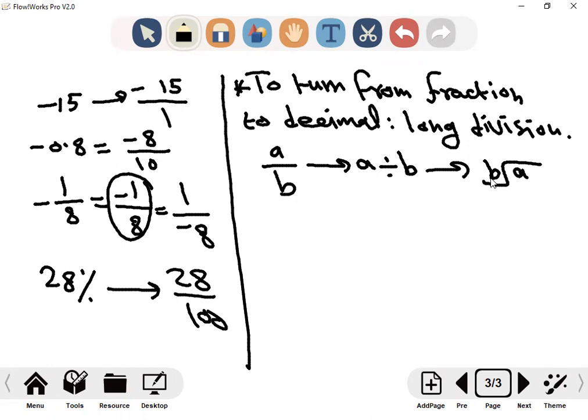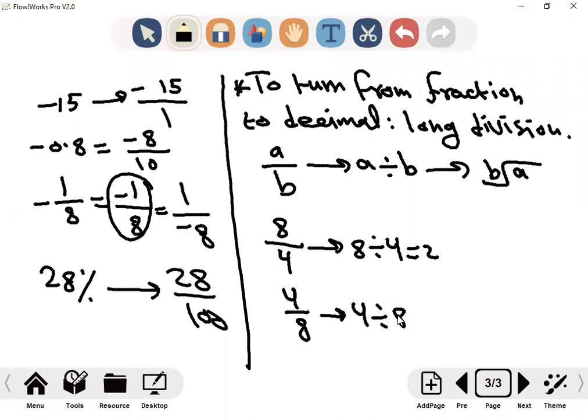When I say 8 over 4, it is the same as 8 divided by 4, which is 2. Check. 4 over 8 is the same as 4 divided by 8, and they are different, right?